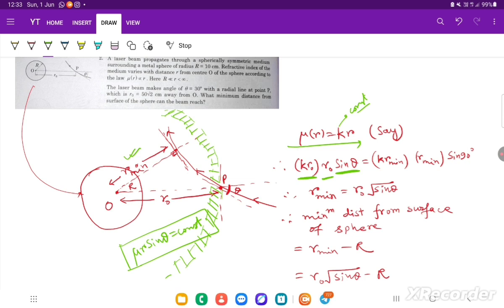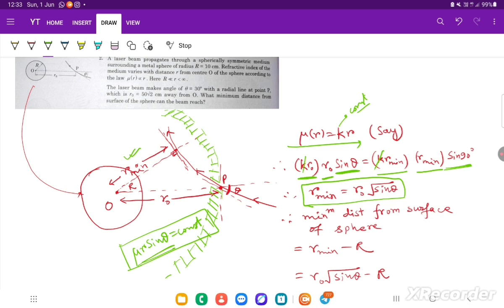So at the R minimum point I am writing the same equation, mu r sine theta. So sine will be sine of 90 degrees, and R minimum into refractive index is k R minimum. So k gets cancelled, and R minimum comes out as r naught into sine theta. And this is the distance from point O, but we are supposed to find the minimum distance from the surface of the sphere.